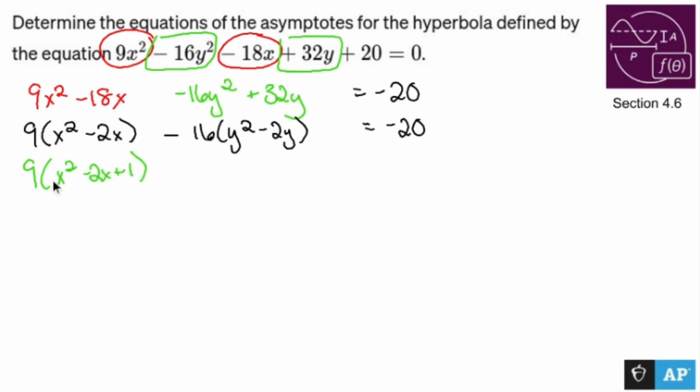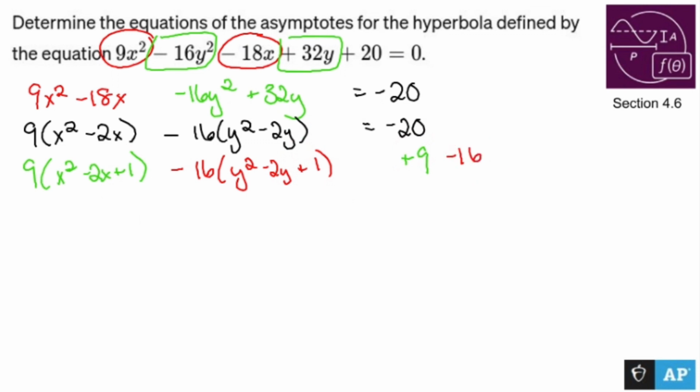Why 9? Well, because inside the parentheses, I'm adding 1. So if I were to distribute that, I would be adding 9. So I have to add 9 to both sides. Similarly over here, the same thing is going to happen. Minus 16, take half of the number in front of y, which is negative 1, square that, which is positive 1. And by doing that, minus 2y plus 1, I am subtracting 16 from both sides.